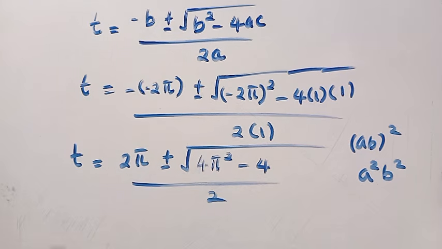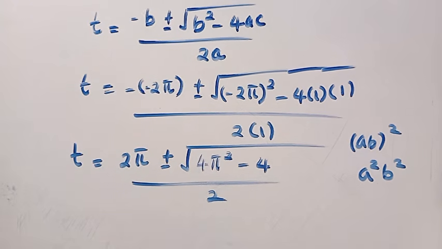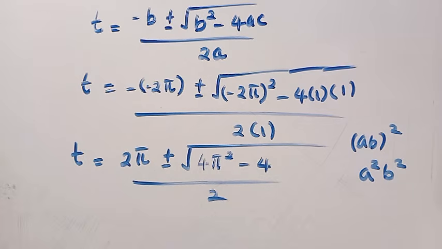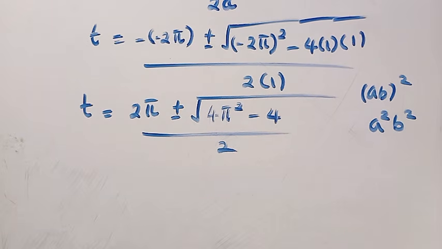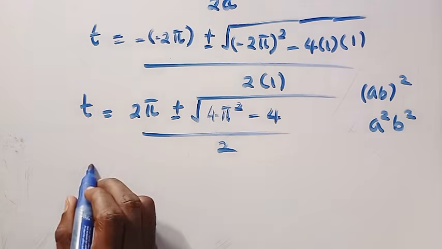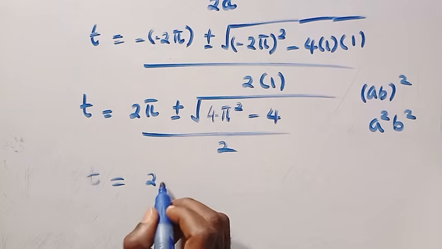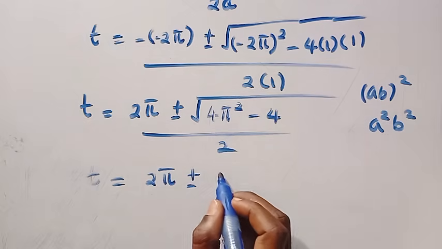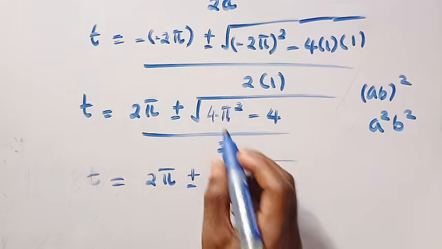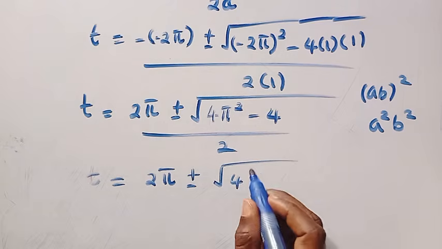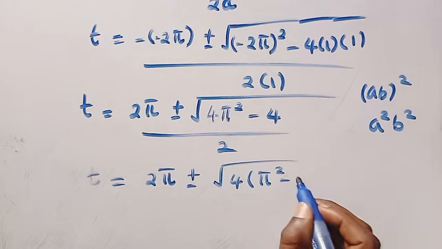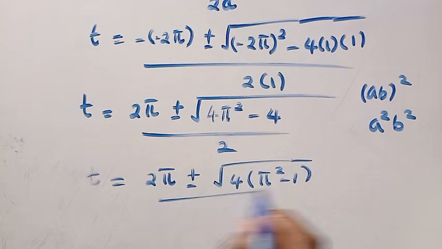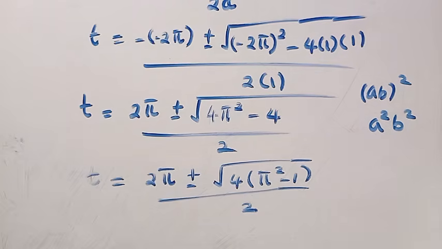Moving on, we expand and simplify this further. We have t equals 2 pi plus or minus the square root of, if I factor out 4, in brackets pi squared minus 1, divided by 2.